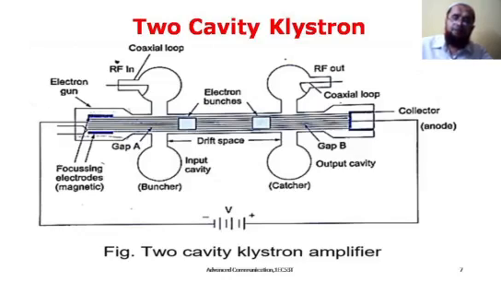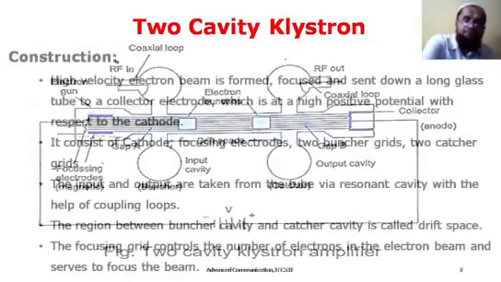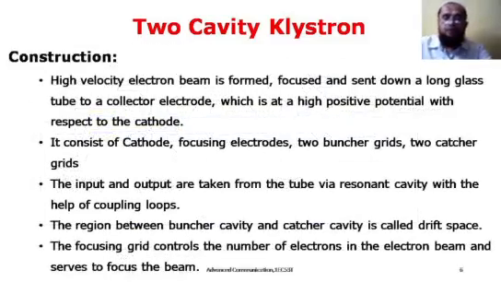Cathode is provided with high negative potential. It consists of the cathode, focusing electrode, followed by two buncher grids or cavities, and two catcher grids.